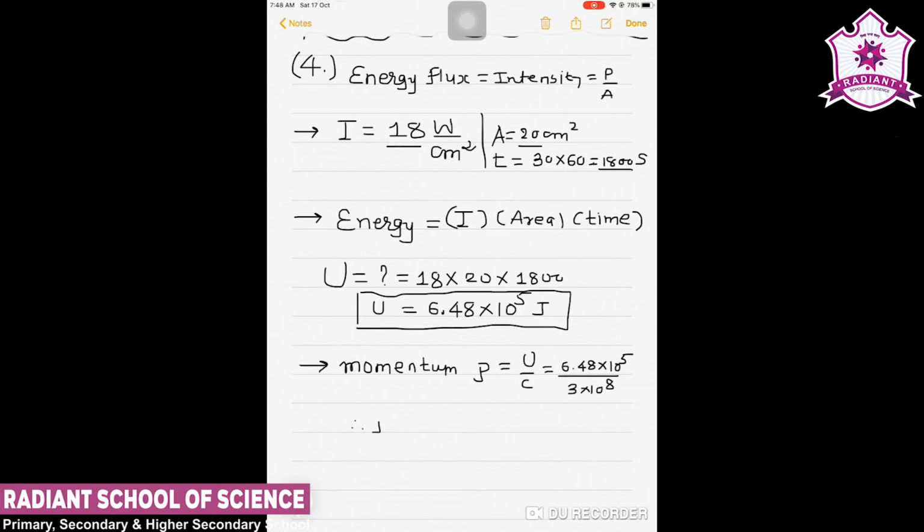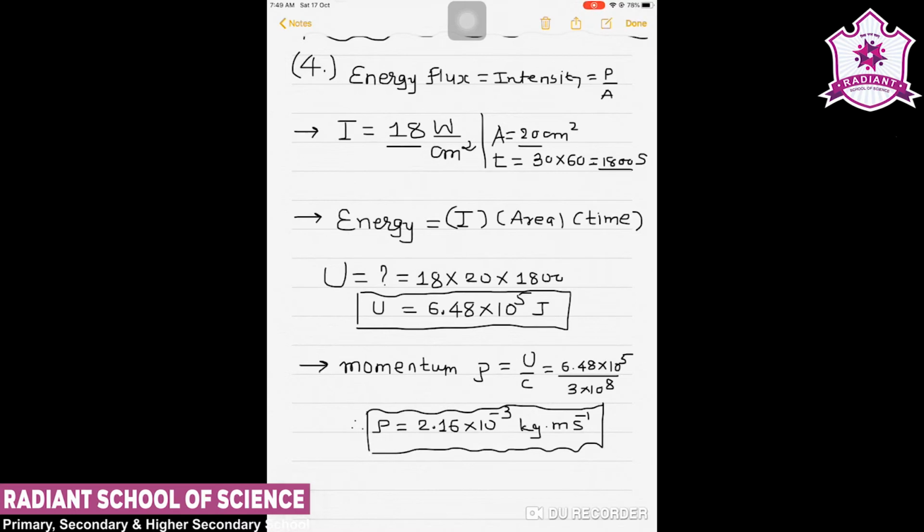So we have the momentum P is equal to 2.16 into 10 raised to minus 3 kilogram meter per second. So that is the value for momentum.